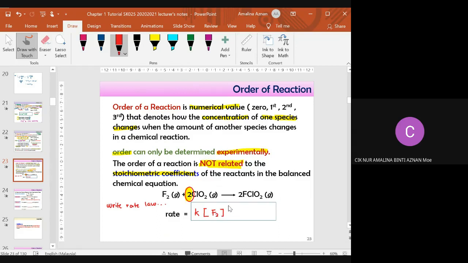In this case, it doesn't give an example. Okay, so let's say Miss adds the question.